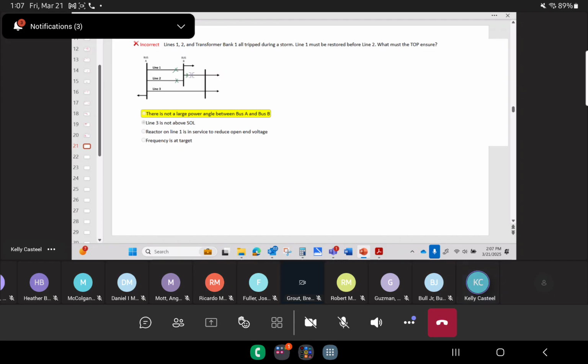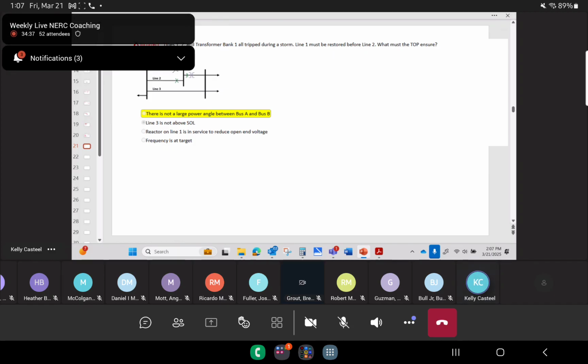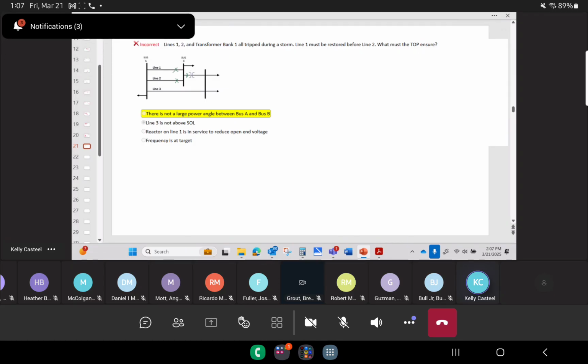And even then, frequency is going to be irrelevant to this unless we were islanded and we were trying to synchronize 2 islands, which, yes, it says trip during a storm, but it doesn't say anything about being islanded. So frequency really should be irrelevant at this point, and especially frequency at target should not have any bearing on putting this line back in service.